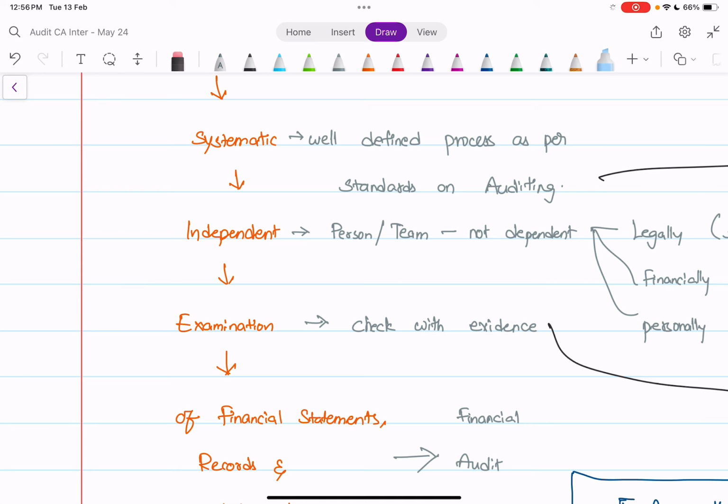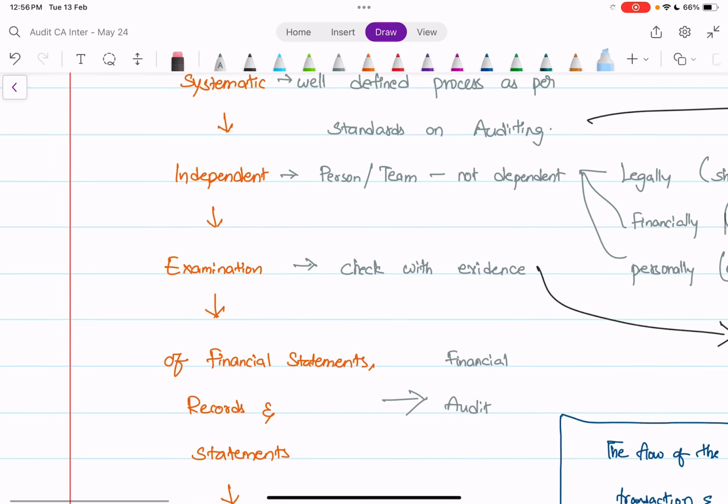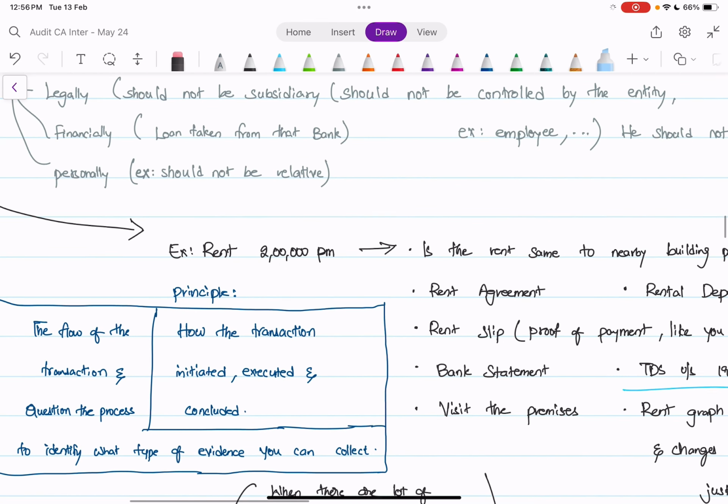And what does an auditor do in general? He examines the financial statements. How does he examine? Whatever the financial statements say, he checks it with evidence. For example, rent in the financial statements was 2 lakhs per month. How does the auditor verify the rent of rupees 2 lakhs per month?